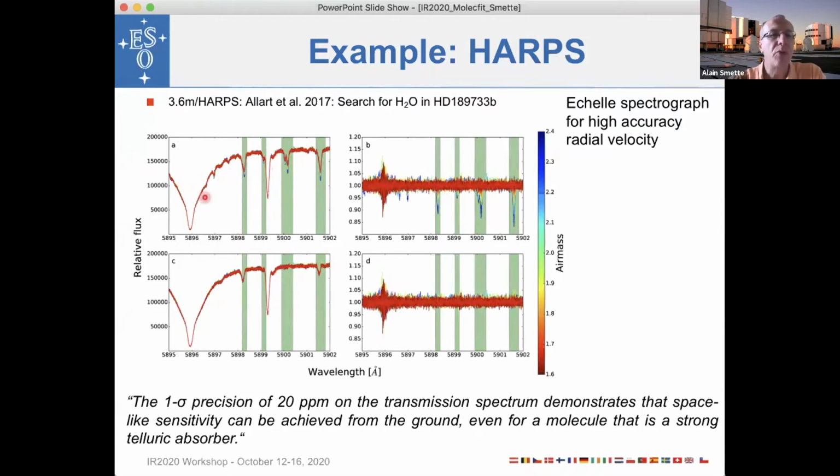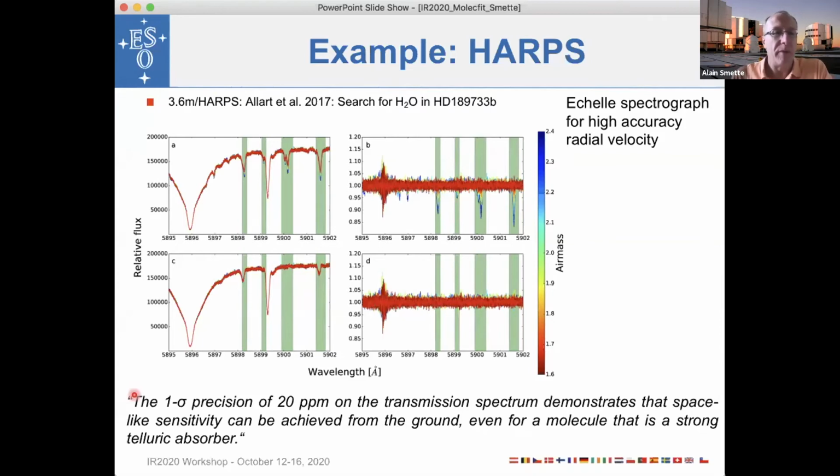He was able to correct the Telluric absorption and the water vapor lines extremely precisely. So you can see the division of the spectrum by the fitted spectrum by Molecfit. And he reached this conclusion that the 1 sigma precision of 20 parts per million from the transmission spectrum demonstrates that space light sensitivity can be achieved from the ground, even for a molecule that is a strong Telluric absorber.